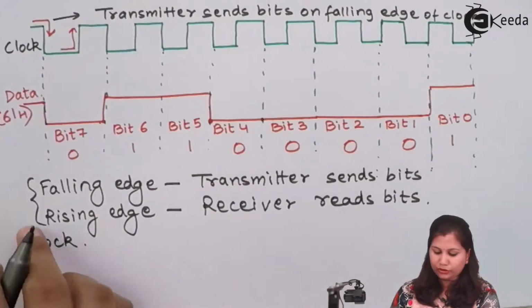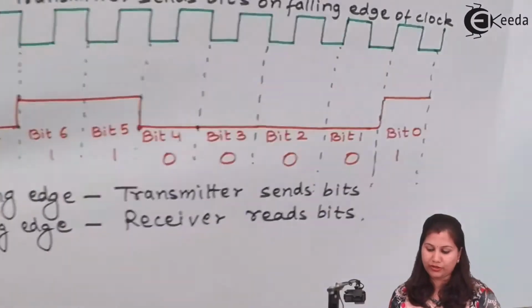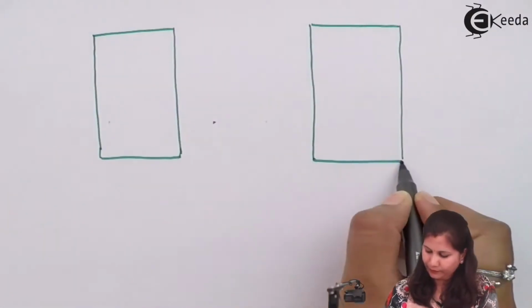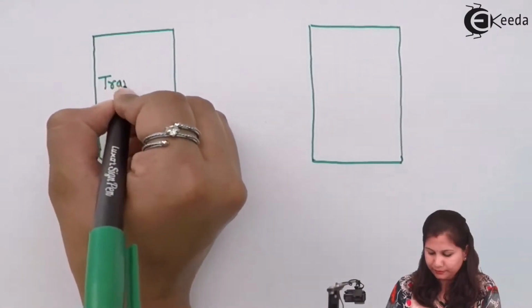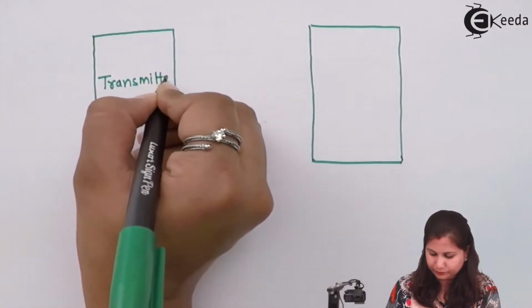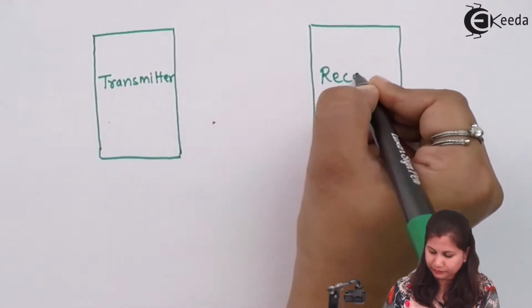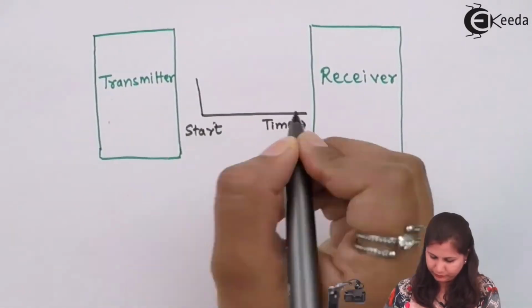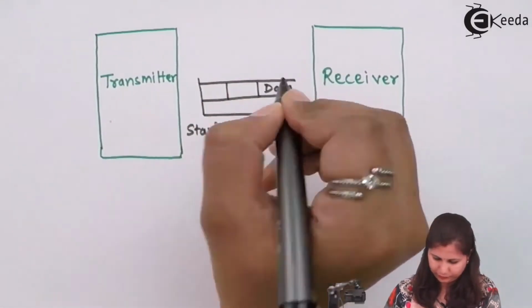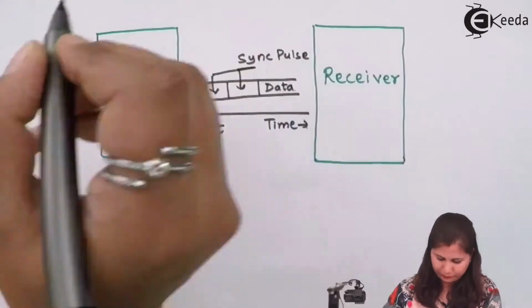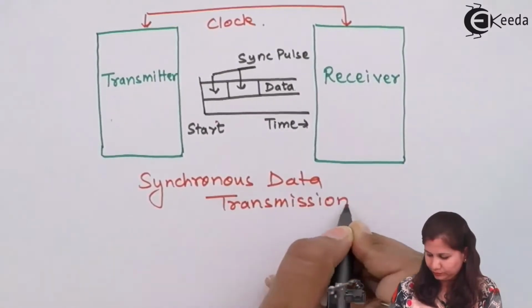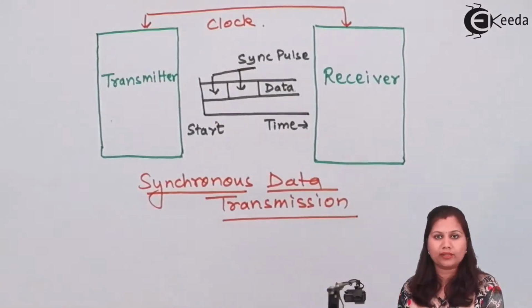If we draw the diagram for the synchronous transmission, to show how this transmission is taking place, suppose this is the transmitter and this is the receiver. So this is how we can represent the synchronous data transmission.